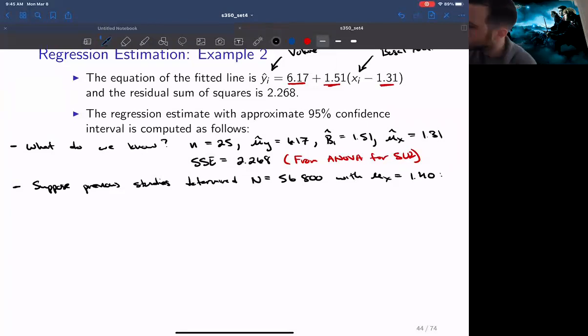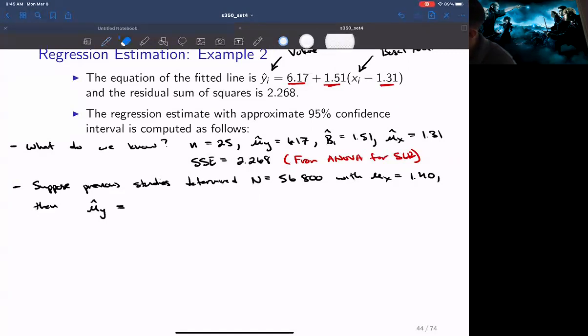Then we can say that our estimate of the mean volume, sorry, that would just be mu y.